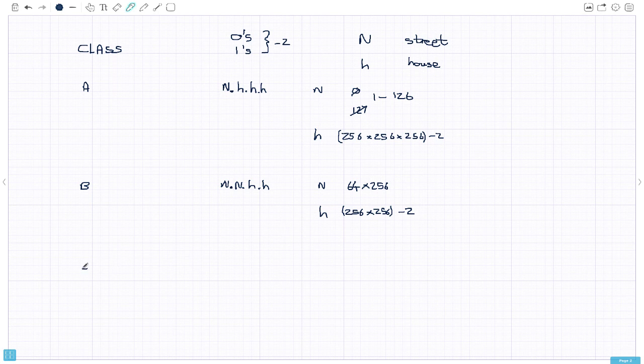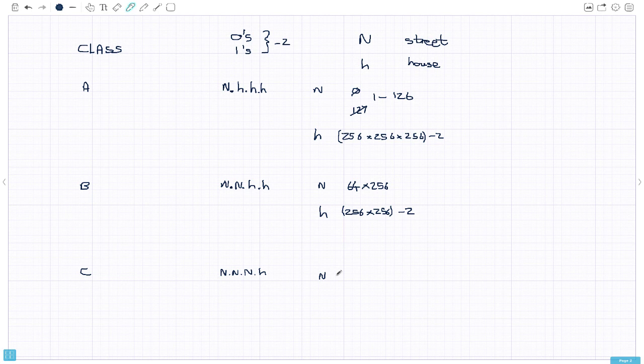And a class C address will have network, network, network with host stuck on the end. So a class C address will have, here's where my maths, you haven't got to be great at maths to be a network engineer, you just got to own a calculator, right?